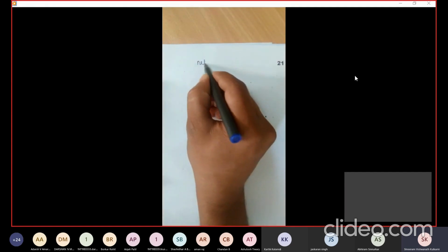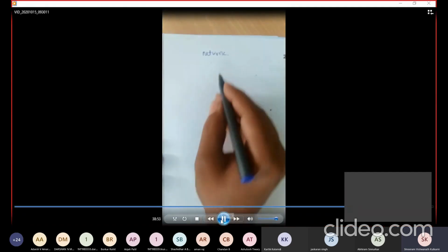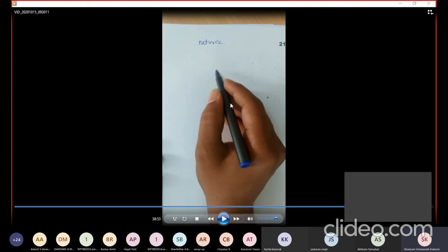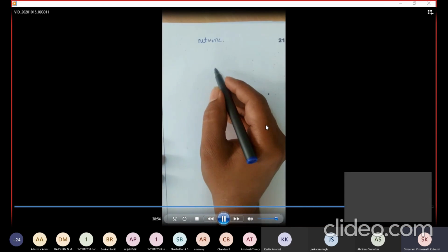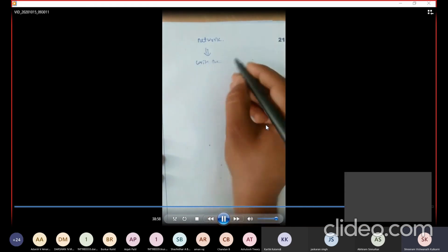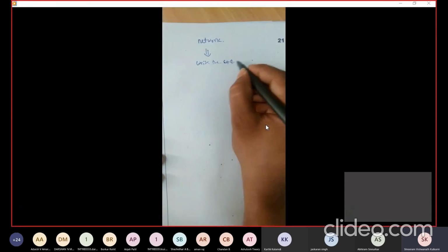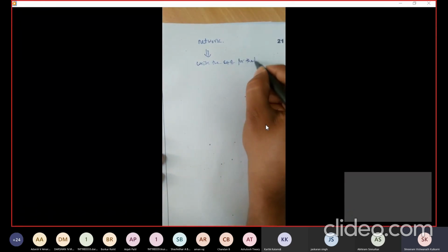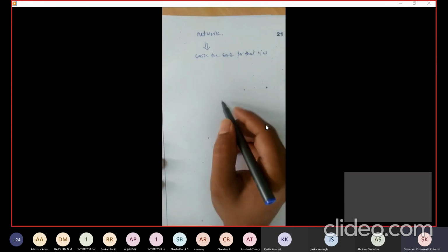First step, the network will be given. Everyone, please see this one. This is the whole conclusion. Next, write the equations for that network.